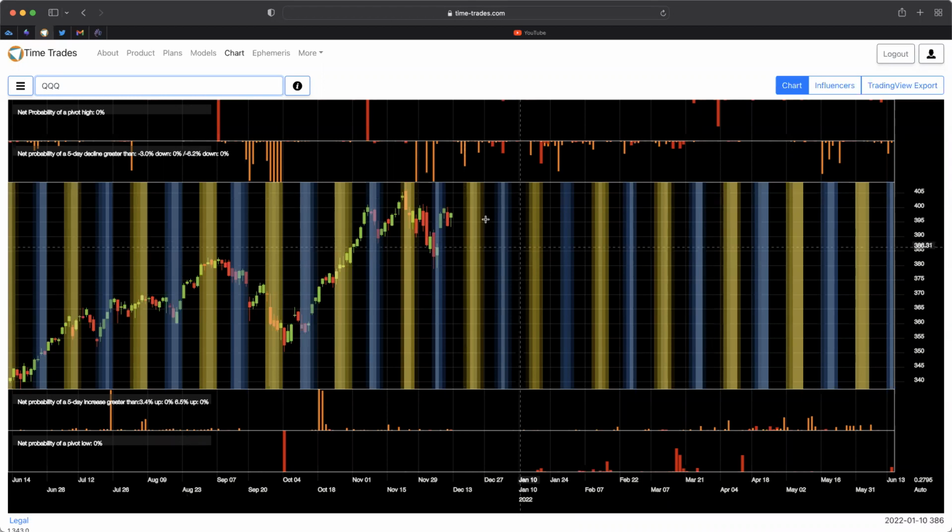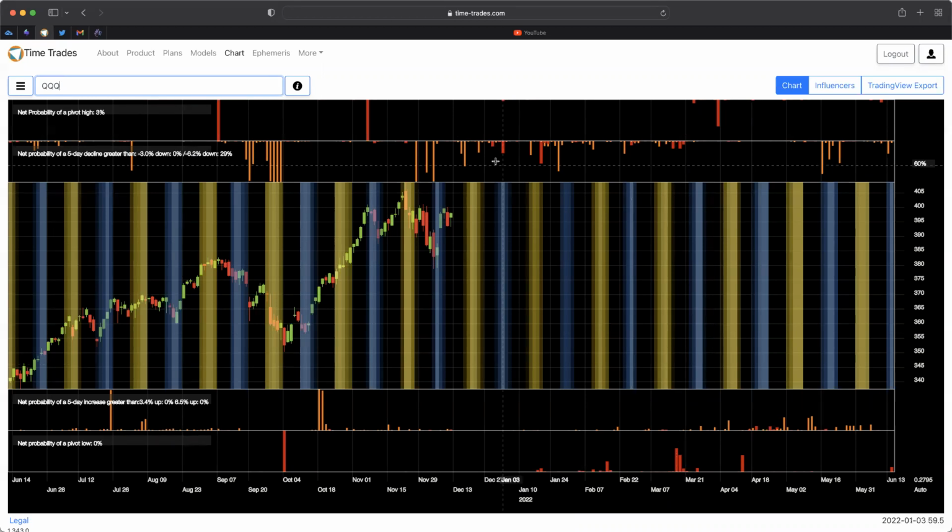Overall, there's not a lot of clear trend to distill right now from the Qs other than this significant pivot low down here in March.